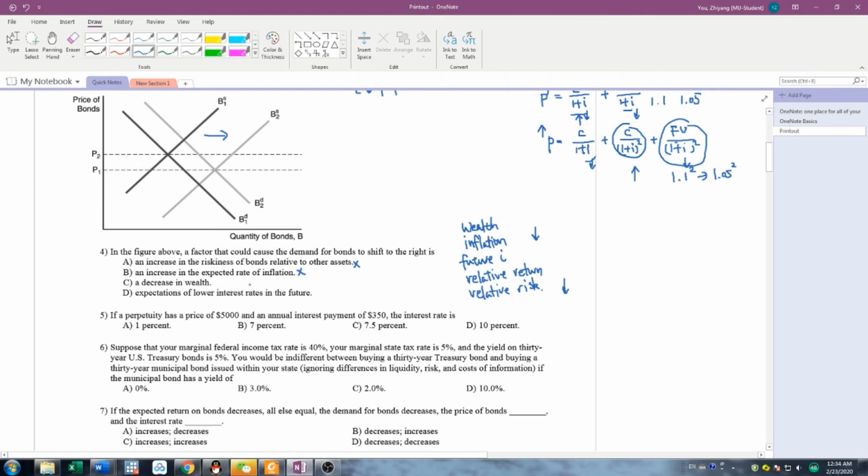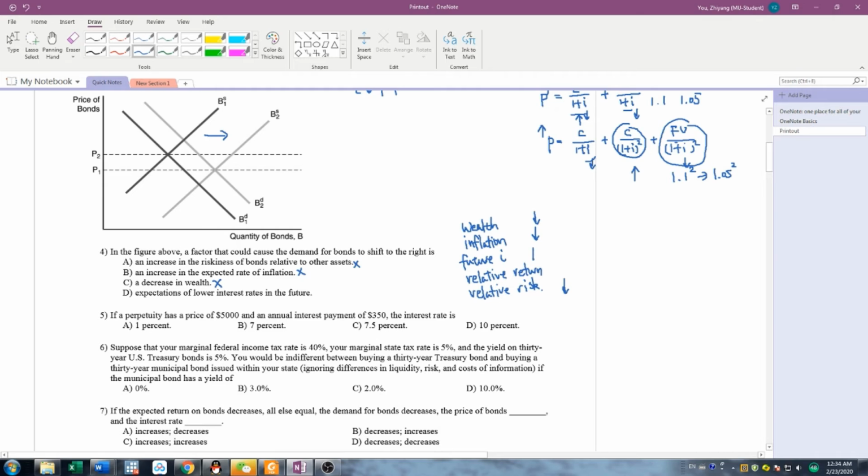For C, a decrease in wealth. When people have less wealth, they're going to invest less money. So the demand is going to decrease as well, so that is not right. When there's expectations of lower interest rate in the future, it means in the future we're expecting the interest rate to drop, right?